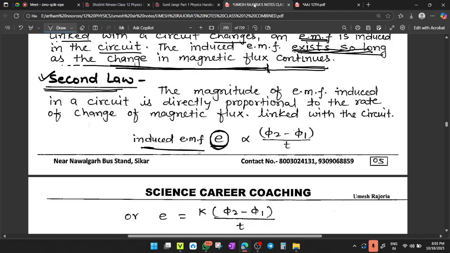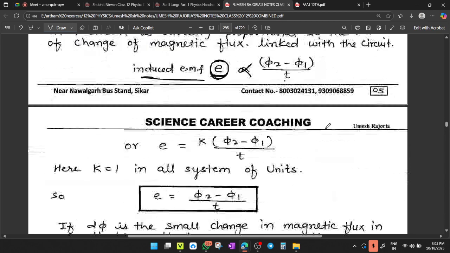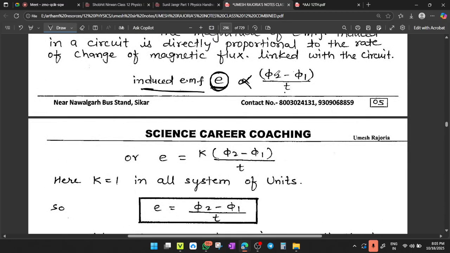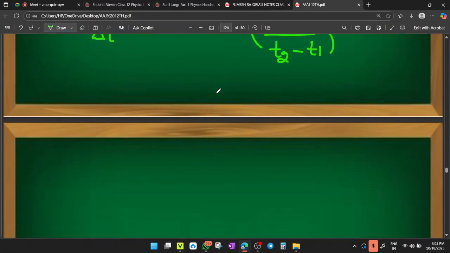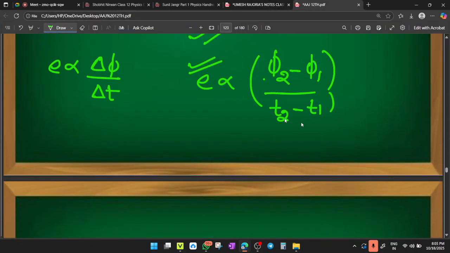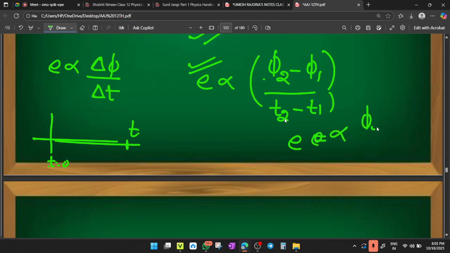That is, induced EMF E is directly proportional to change of flux upon change of time, phi 2 minus phi 1 upon T. So E is proportional to phi 2 minus phi 1 upon T2 minus T1. If you count your time from T equal to 0 up to the final time T, then T2 minus T1 becomes T also. So E is proportional to phi 2 minus phi 1 upon T.